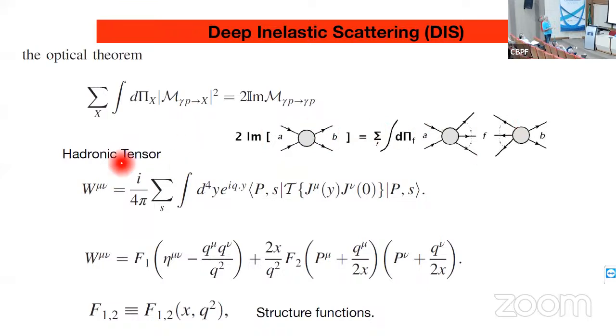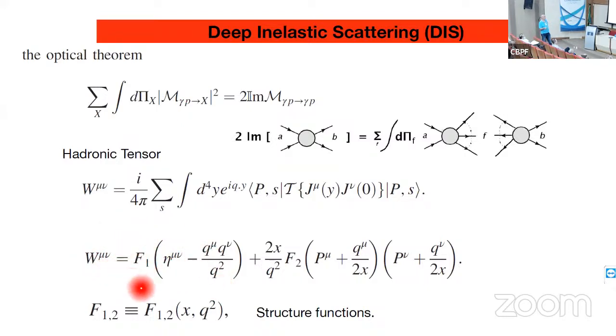So actually, you can define a hadronic tensor, this object. This is our standard DIS analysis in terms of these currents, J mu, J nu. Using Lorentz covariance properties, you can show that this hadronic tensor, W mu nu, can be decomposed, if the scattering is unpolarized, into 2 terms.